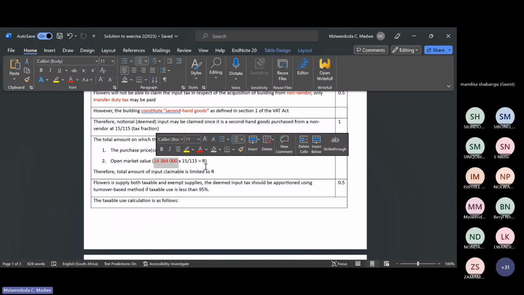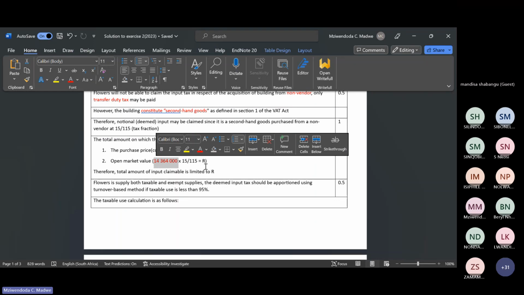Before you go to section 10, you first address paragraph B of the input tax definition. That paragraph indicates which value you are going to use between the two values. It says you take the lesser of consideration or open market value.